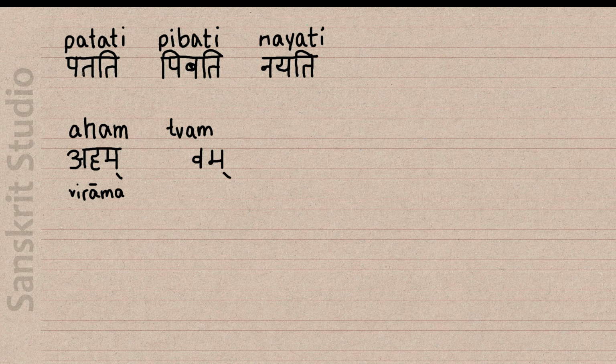Here what we do, in order to get a single t, is we remove the vertical stroke here, so that only this first part of the t is represented. So we write it like this. So we get the t up here without any vertical stroke, and then we just complete the word here with the horizontal stroke like that. So this is tvam.